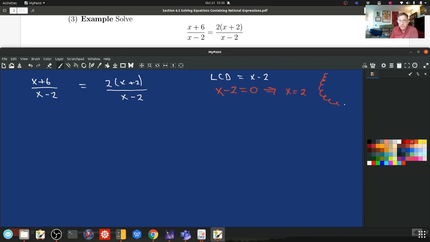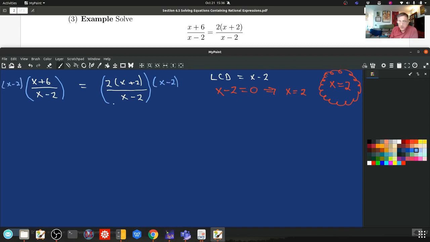So we have to exclude x equal to 2 from any solutions. So now all we do is we have our LCD as x minus 2. So I'm going to go ahead and put the entire thing in parentheses and multiply by x minus 2. This one actually is not involved at all.